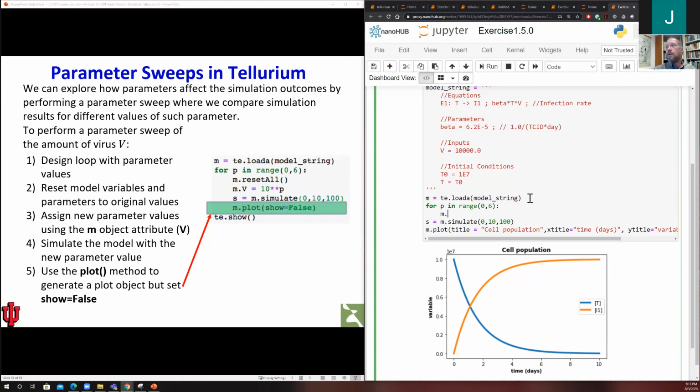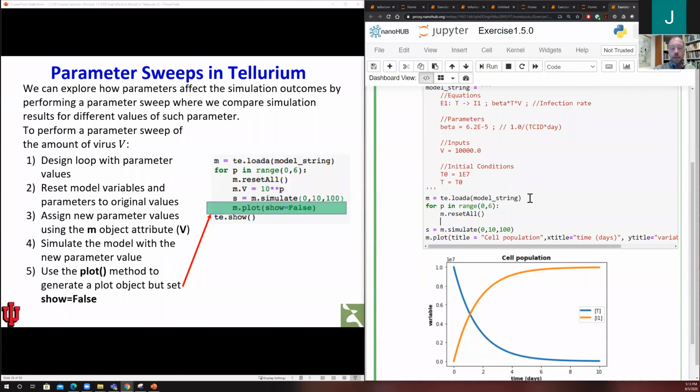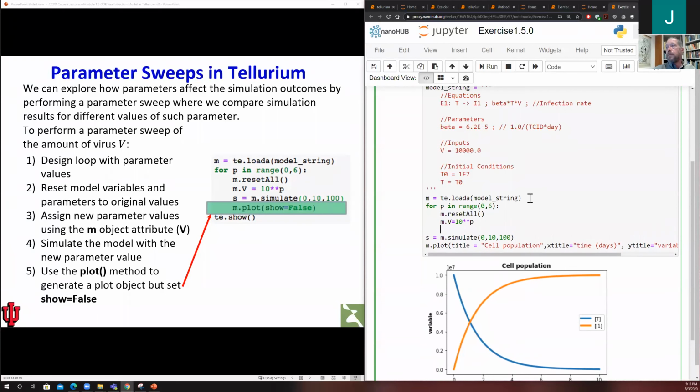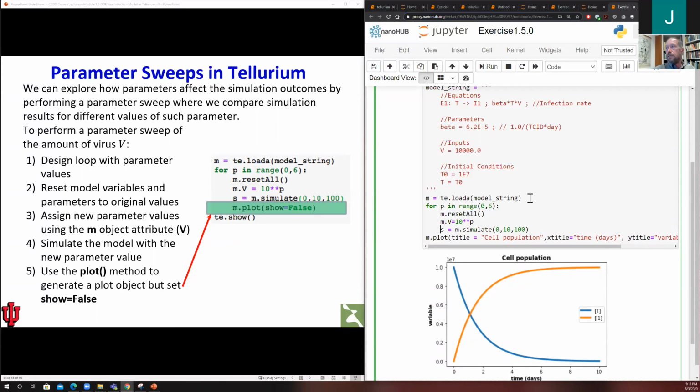m.resetAll, open close parenthesis, m.v equals 10 to the p. Now I need my m.simulate indented. And now in my plot, I need to indent my plot, and I'm going to have to add here show equals false.